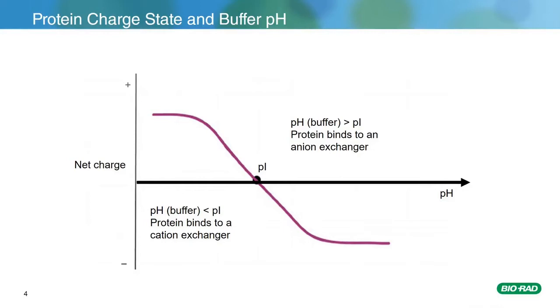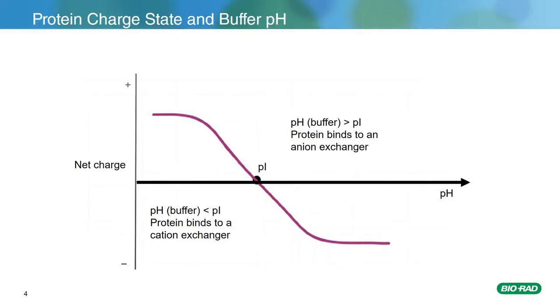This is a diagram that we often see in textbooks teaching ion exchange chromatography. To come up with a purification strategy, we have to estimate the isoelectric point of the target protein first, either experimentally or by calculation from its encoding DNA sequence. When the purification is performed at a buffer pH higher than the pI, the target protein will be negatively charged, and it will be bound by an anion exchanger.